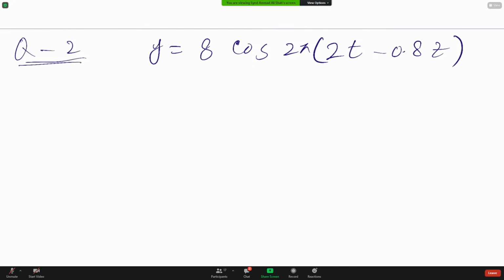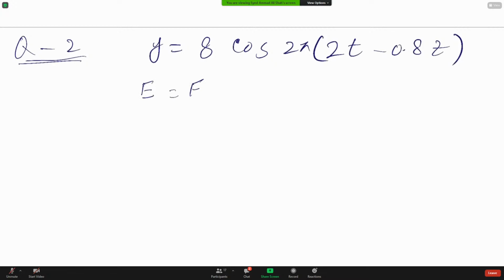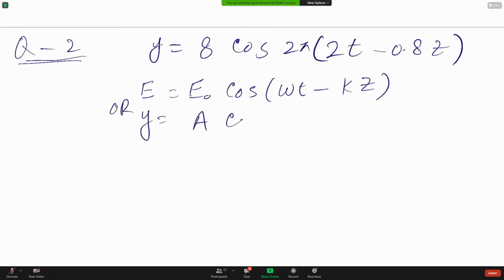It says find the amplitude, B the wavelength, part C find the angular frequency, part D the displacement at t is equal to 0. So we just did this formula: E is equal to E naught cos omega t minus kz, or y is equal to A cos omega t minus kz.